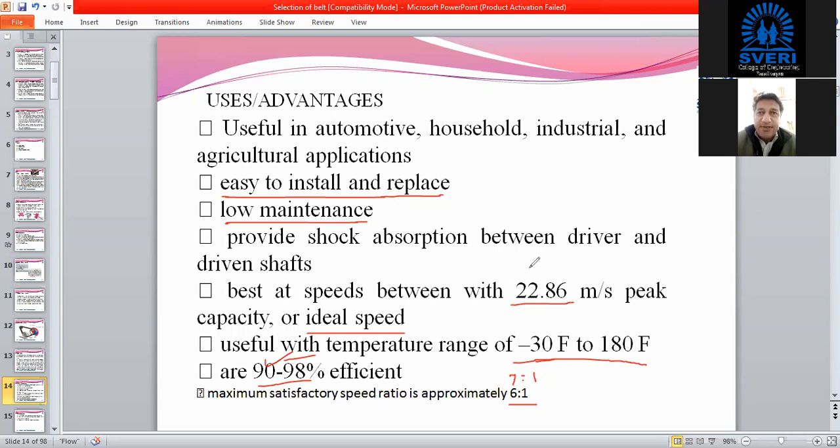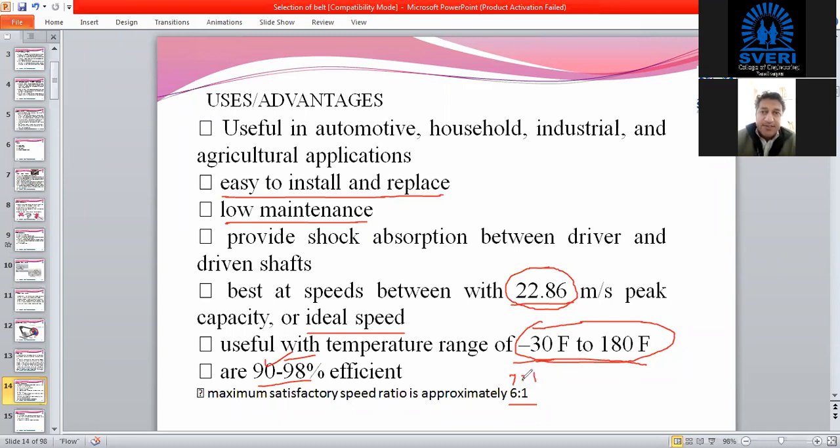Now, each and every figure which is mentioned here, we can have one MCQ on this, right? So you should carefully read all these slides, and you should remember these figures. Getting me?